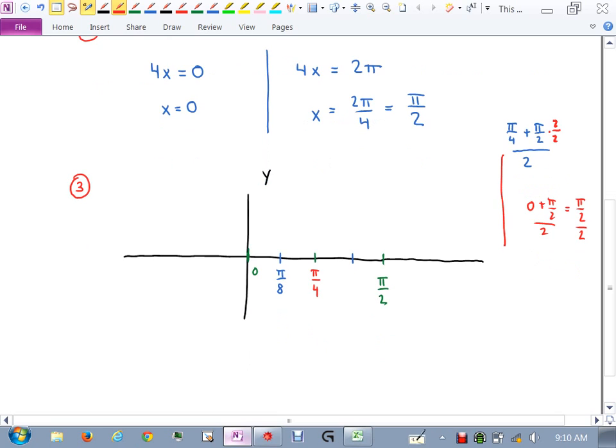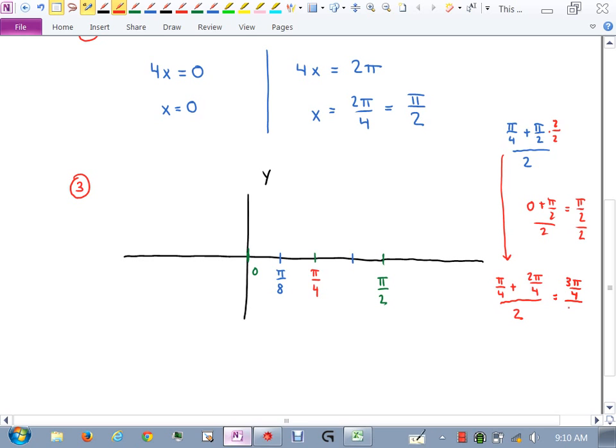Let me bring this down here. I'm kind of out of room up there. I have pi over 4 plus 2 pi over 4 all over 2. Now that I have the same denominator, I can say that the top is actually pi over 4 plus 2 pi over 4, which is how many pi over 4? 3 pi over 4.